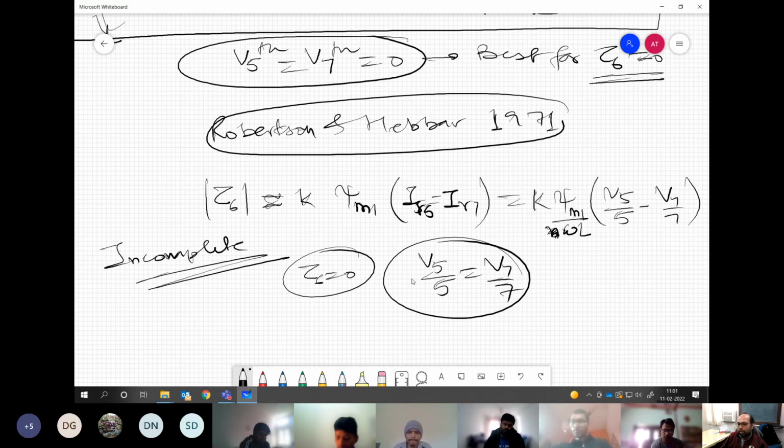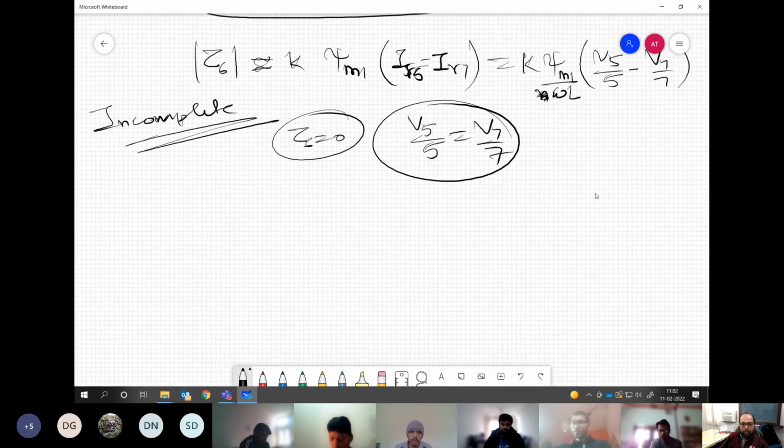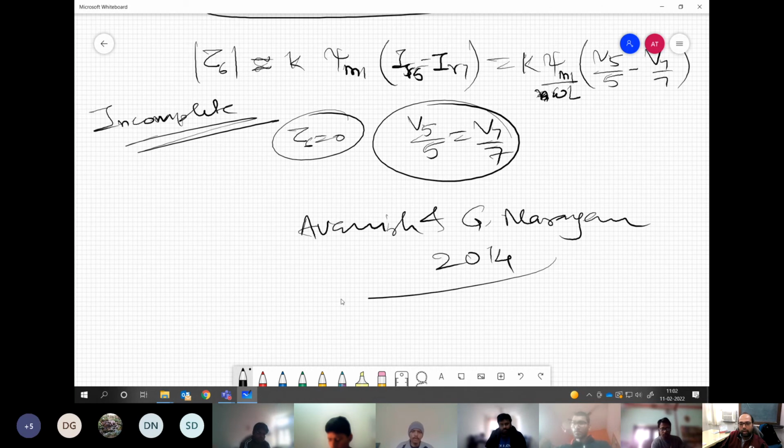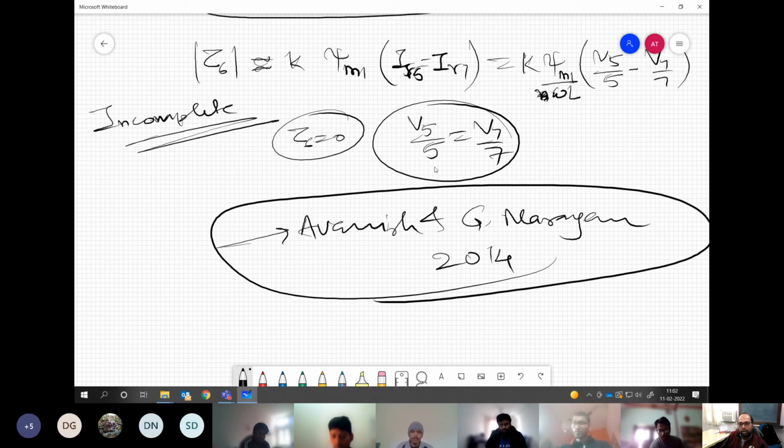The other component also plays a very important role, and this was the paper which governed all those textbooks giving this kind of expression for elimination. Then you refer to the paper from 2014, and here we find that this is not the complete thing.